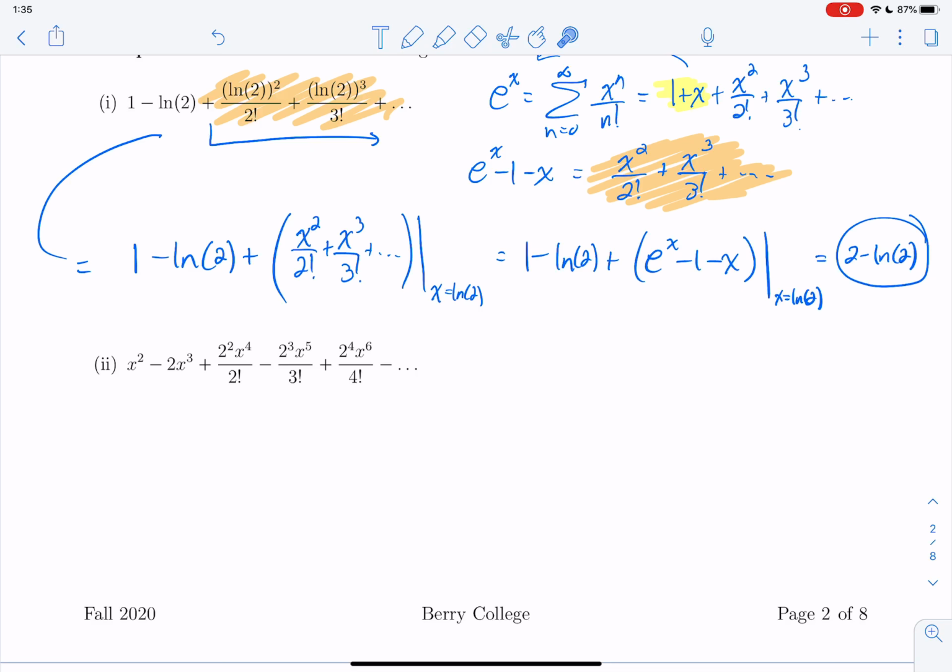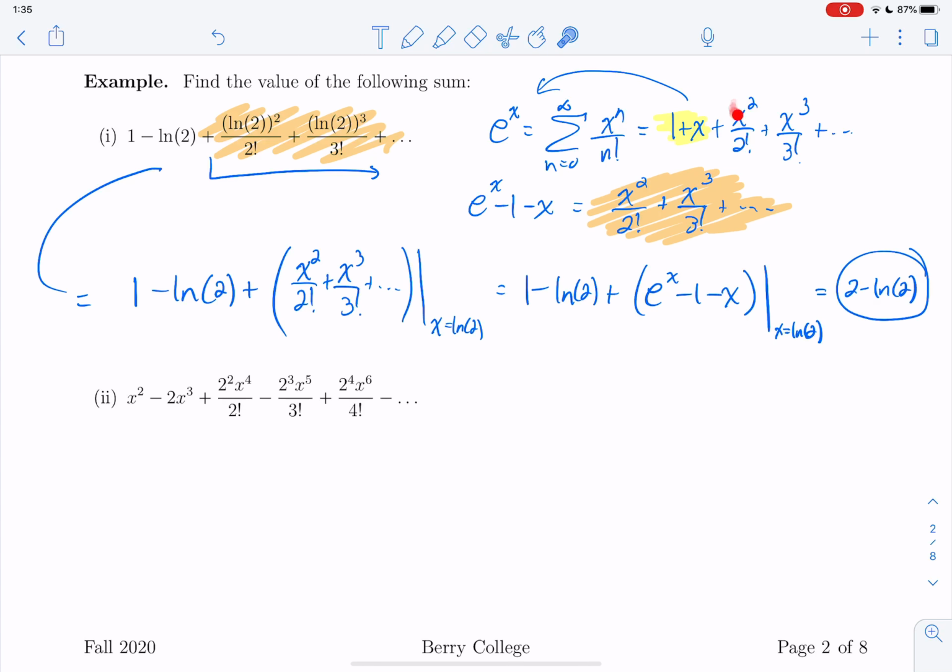The exponential, as we see here, usually has the power and the factorial match. So what we can see is that this series is actually equal to x squared times what? 1 minus 2x plus 2 squared x squared over 2 factorial minus 2 cubed x cubed over 3 factorial, etc.